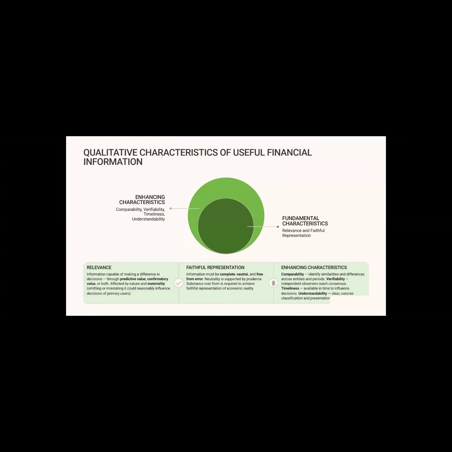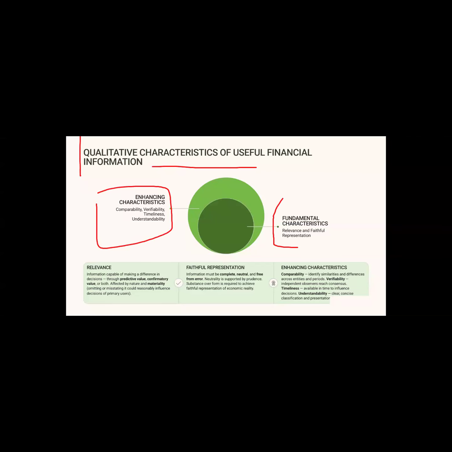While we are providing the information, that information should possess certain characteristics. The qualitative characteristics should be there. So what are the qualitative characteristics? What do you think about them? Normally we categorize these qualitative characteristics into two: fundamental characteristics and enhancing characteristics. Fundamental characteristics means what?